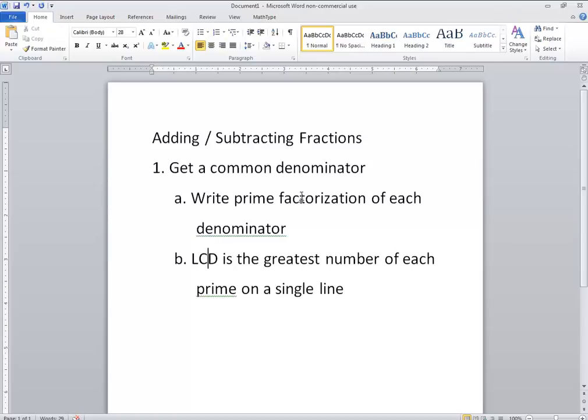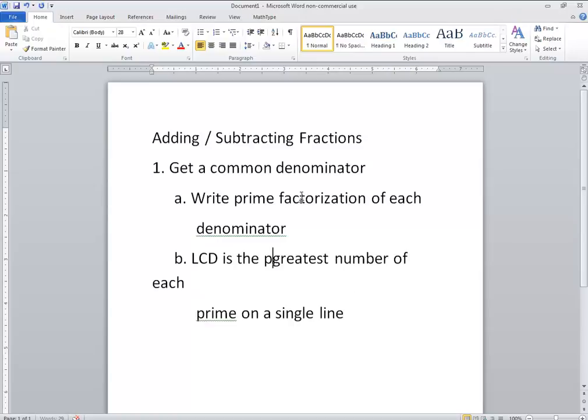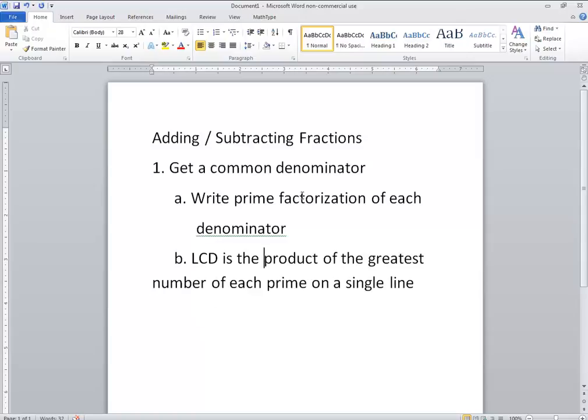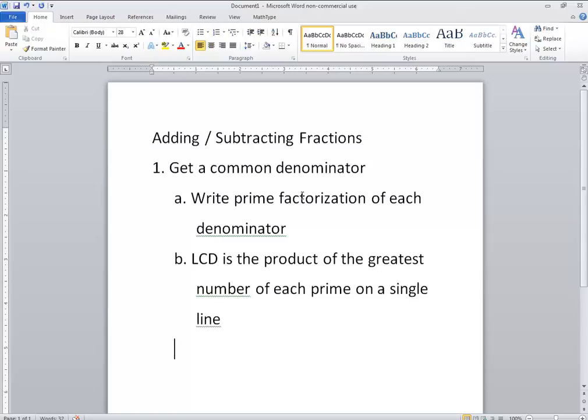Or the LCD is the product of the greatest number of each prime on a single line, I should say. And then our third is to rewrite each fraction with that new denominator.